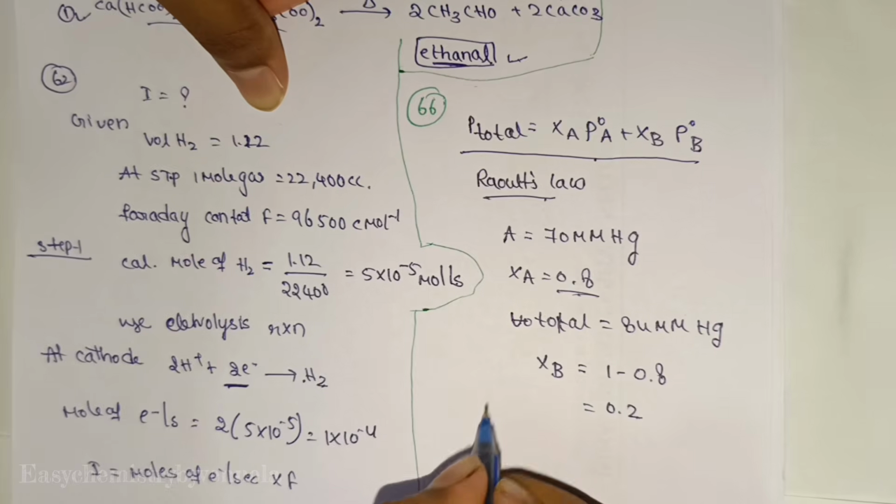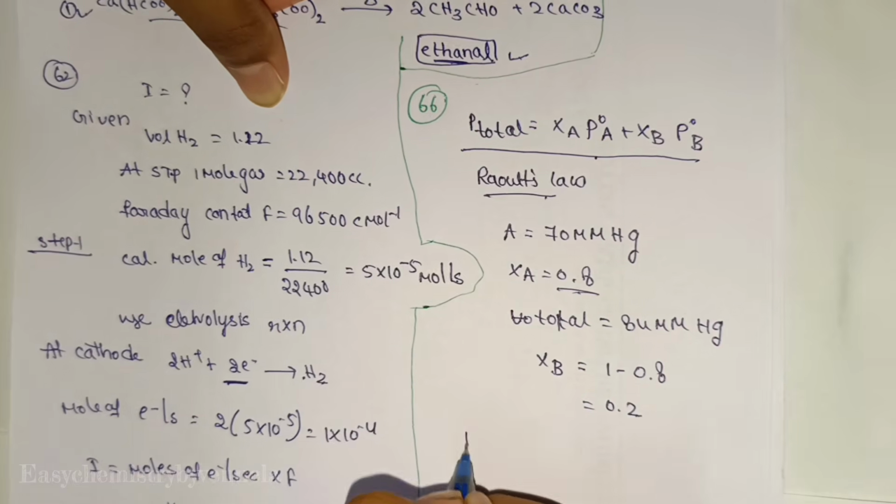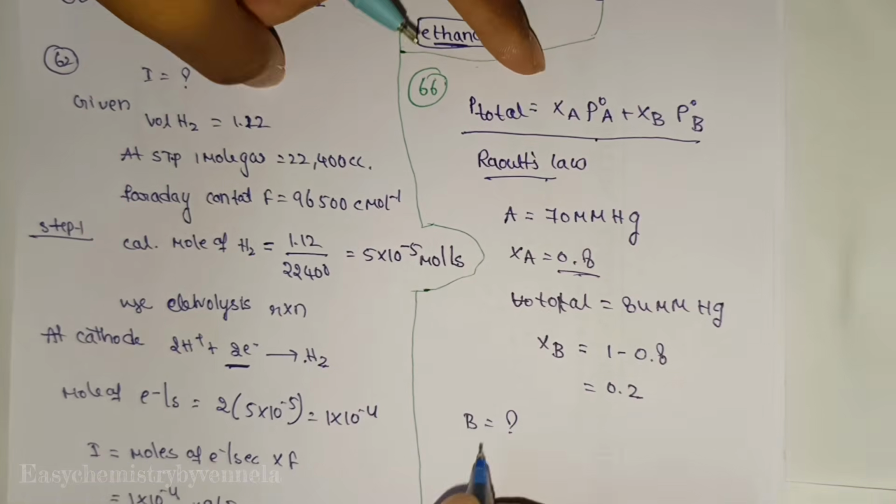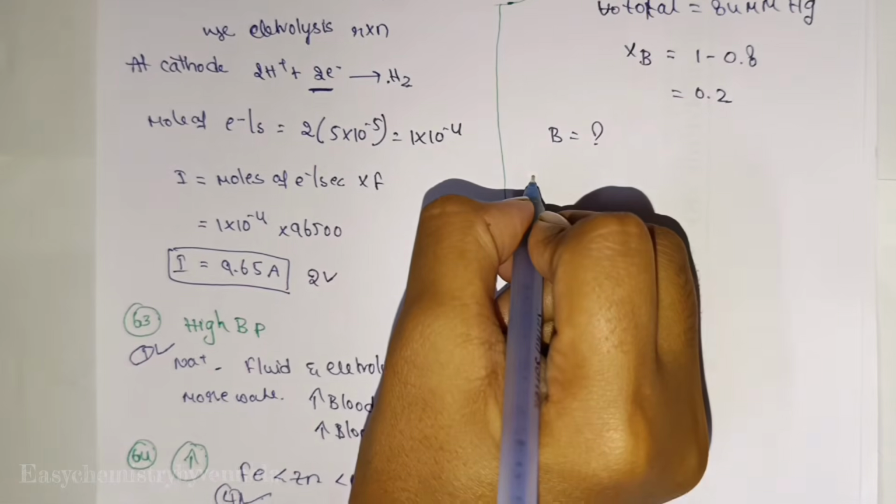Then you have to find out the vapor pressure of B. So substitute in this formula.